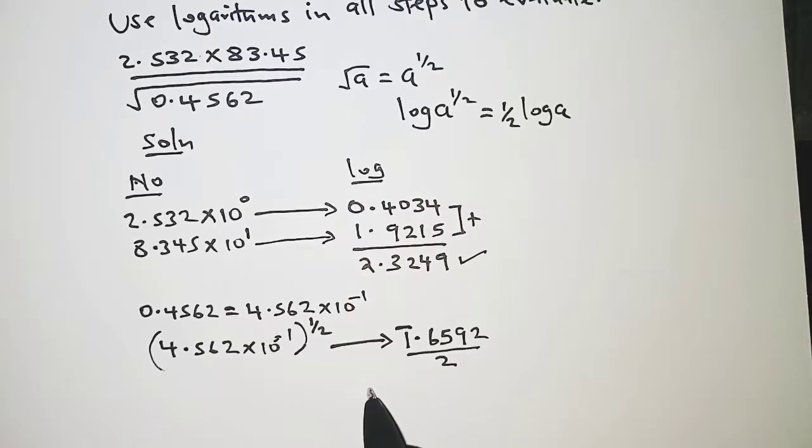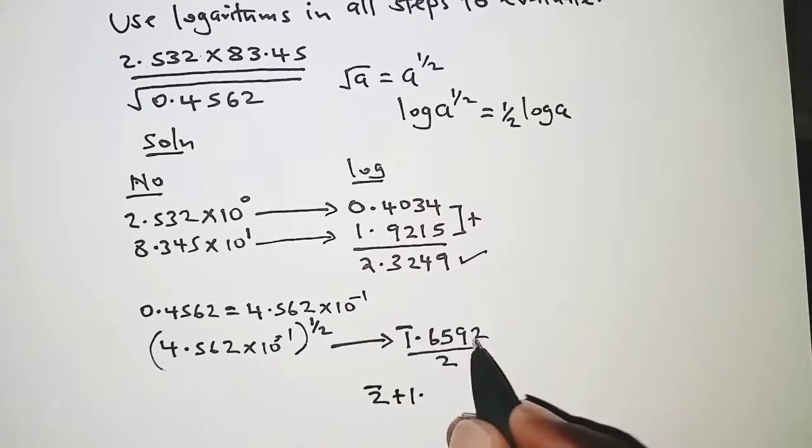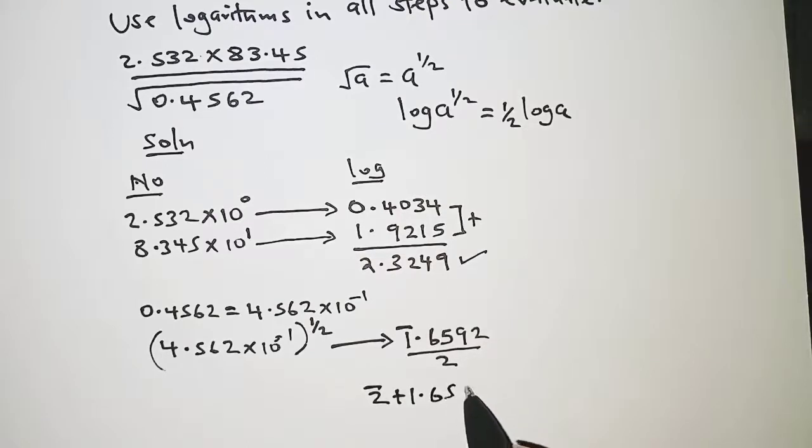So begin by writing bar 2, and then you ask yourself a number that when you add to bar 2 you obtain bar 1, and remember bar 1 is just negative 1. So it's like saying negative 2 plus a number should give us negative 1. So we have negative 2 plus the number 1. That maintains bar 1. So we'll have that point, the mantissa part, which is 6592, and this now is divisible by 2.